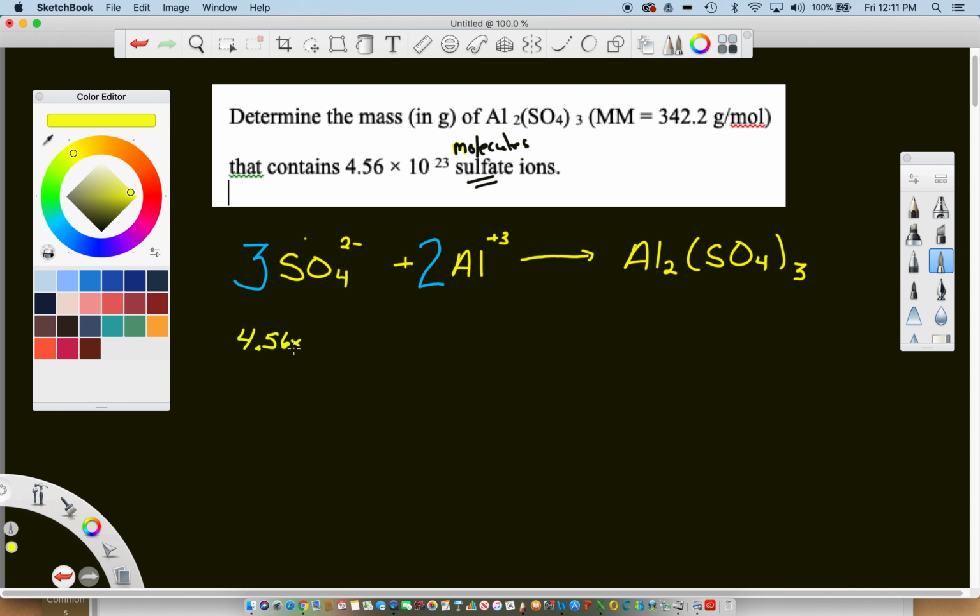4.56 times 10 to the 23rd molecules. And we want to find mass. And what we also know is there's 342.2 grams in 1 mole.